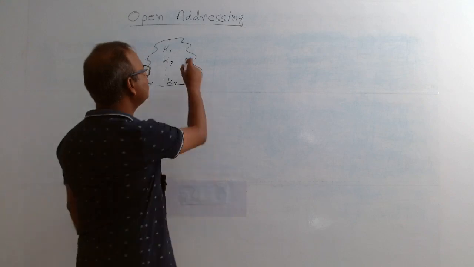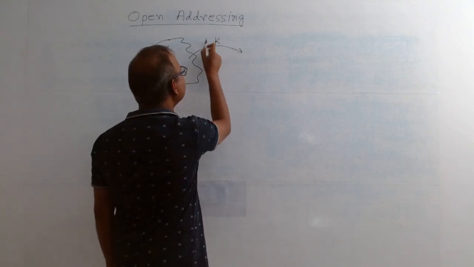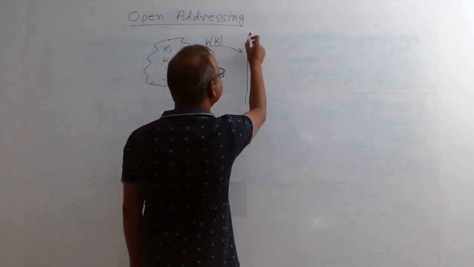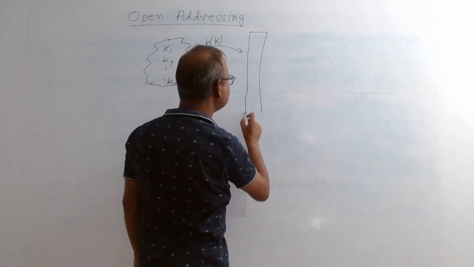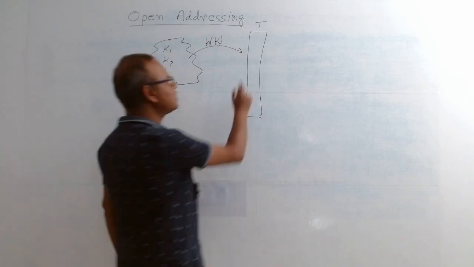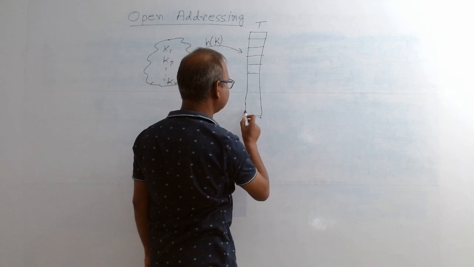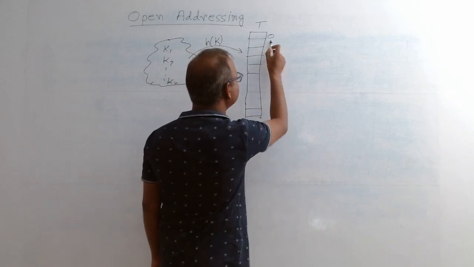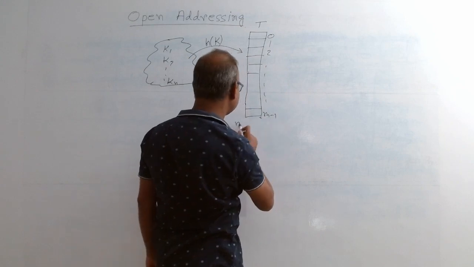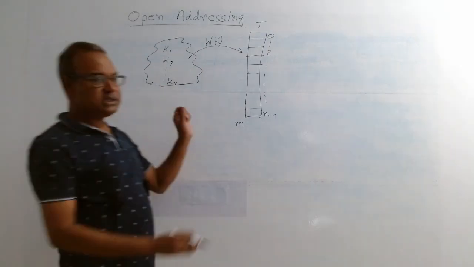and we have the hash table and we have a hash function. Okay, this is our hash table, let's say T. Size of the hash table is M. So what is our objective?